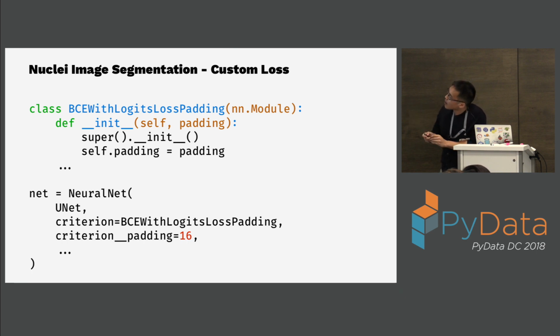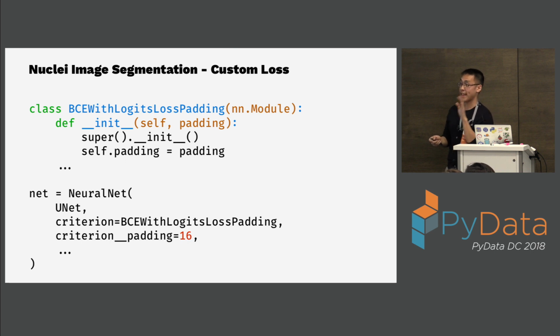And if we want to adjust this parameter in our neural net object, we could pass in the parameter with the double underscore notation to set this padding parameter to 16, as shown here. And also my UNet object, I just call UNet, the UNet that we had before.